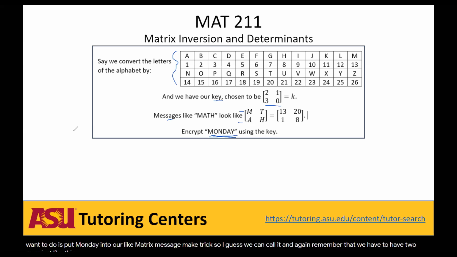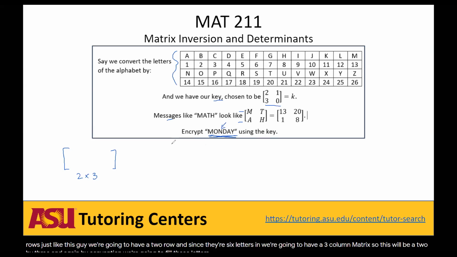Since there's 6 letters in this, we're going to have a 3 column matrix. So this will be a 2 by 3. By convention, we fill these letters by filling each column. So we'll have M, O, N, D, A, and Y.